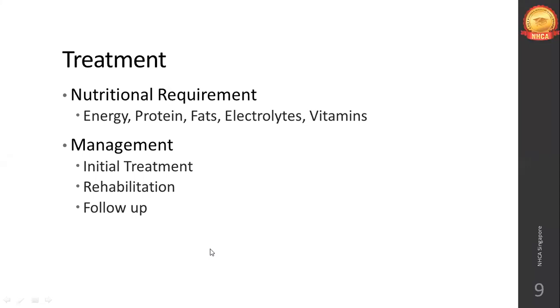Is it clear to all, the treatment and management? The basics of treatment and management. What is the concept of managing a child here?